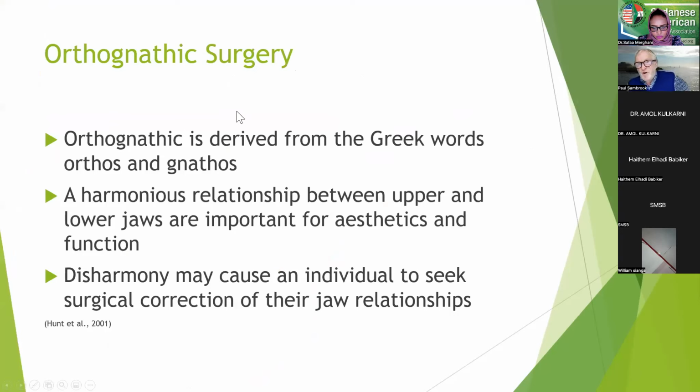The first part of the talk is on orthognathic surgery, and we all know what orthognathic surgery is. Ortho meaning straight and gnathos meaning jaws, or a harmonious relationship between the upper and lower jaws, important for aesthetics and function.